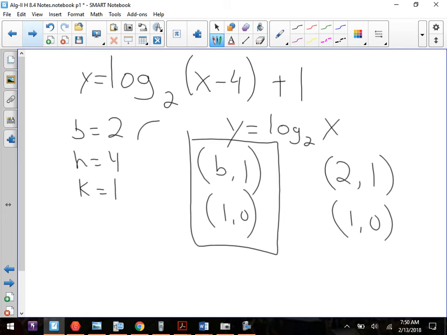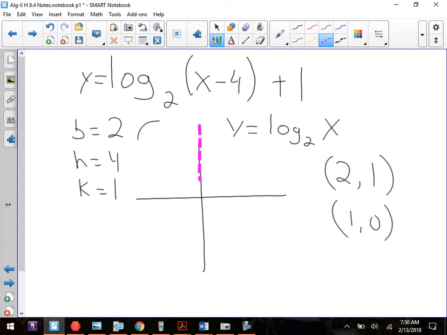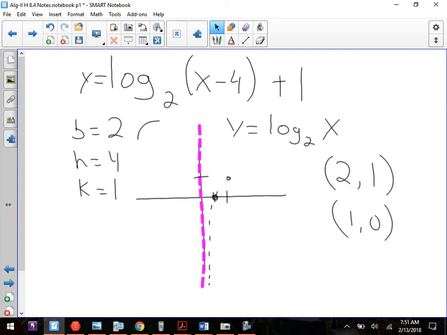So from here, we would graph our original asymptote, which would be at 0, because it always starts originally at 0. We know that we're at (2, 1) and (1, 0).